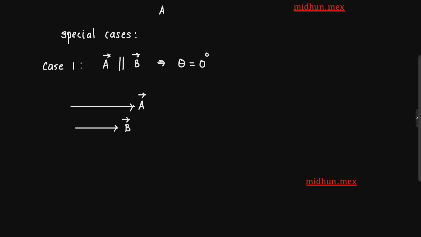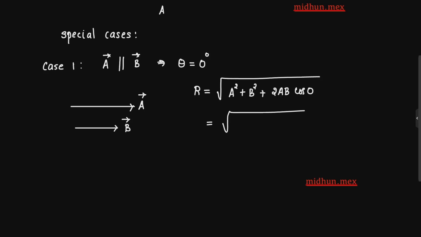So if theta is 0 degree, let me put it in the resultant equation: root of A square plus B square plus 2AB cos 0. We all know the cos 0 value is 1. So this becomes root of A square plus B square plus 2AB, which is A plus B the whole square.